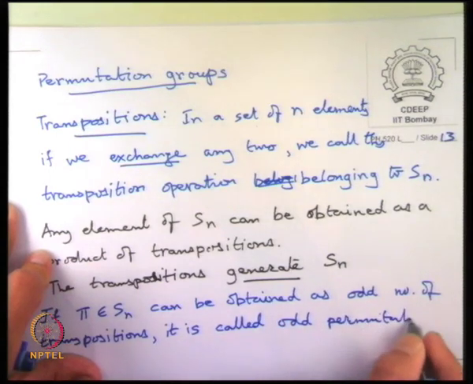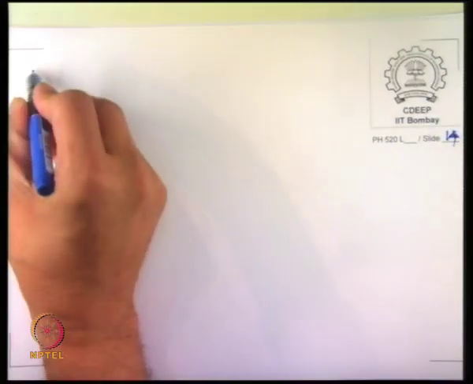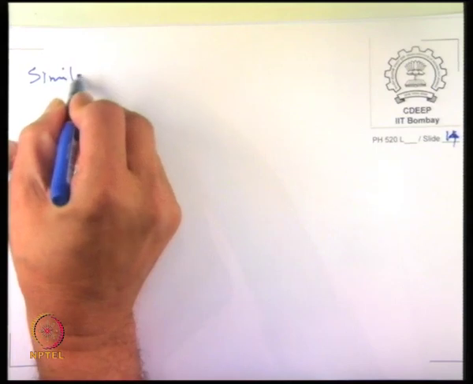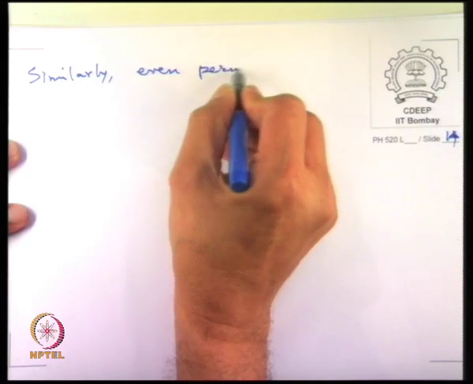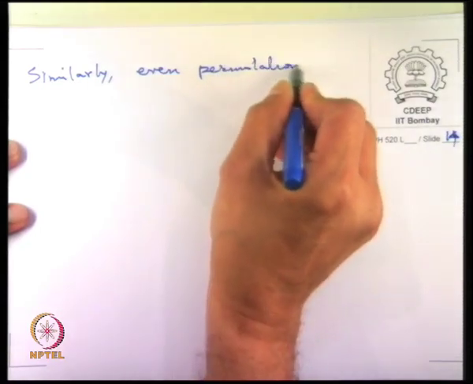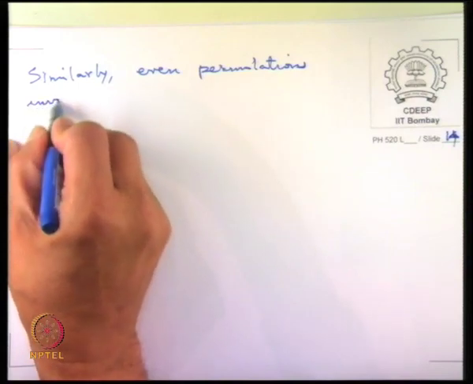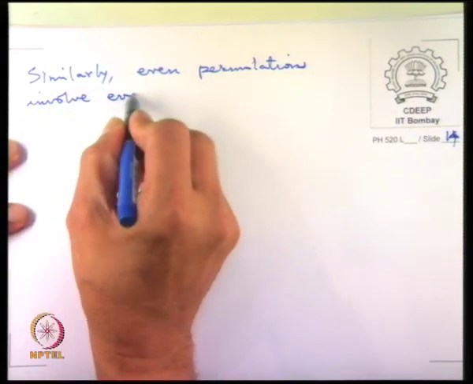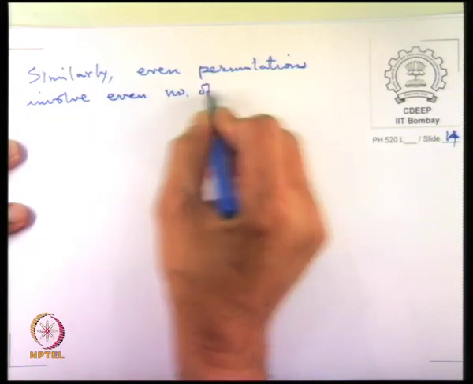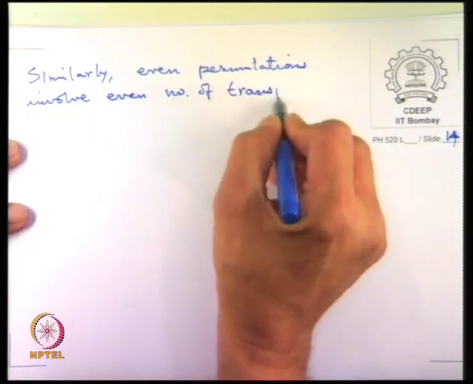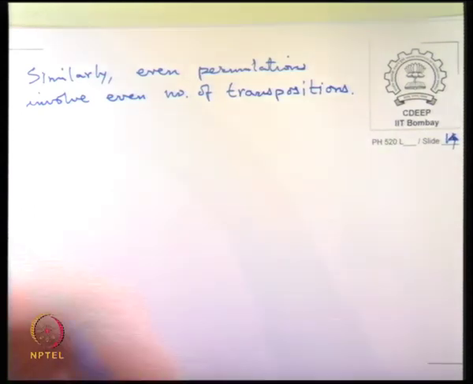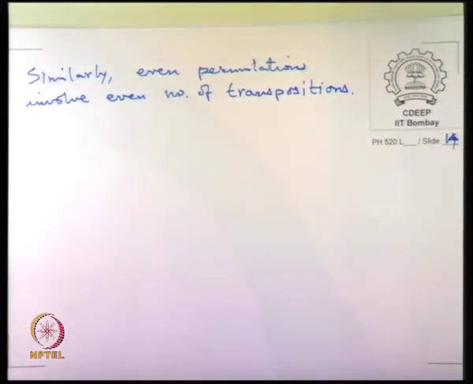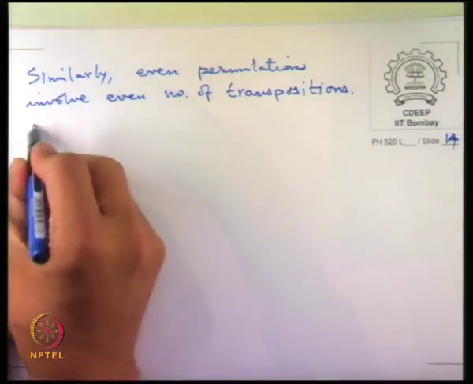And likewise an even permutation. Note that if there are redundant transpositions you ended up making, they will always be even in number. So, oddness and evenness will remain the same.